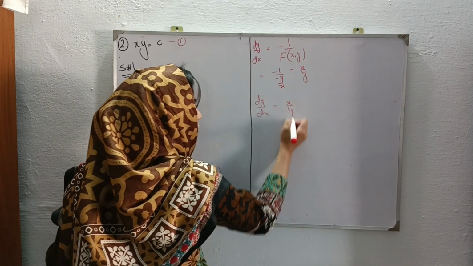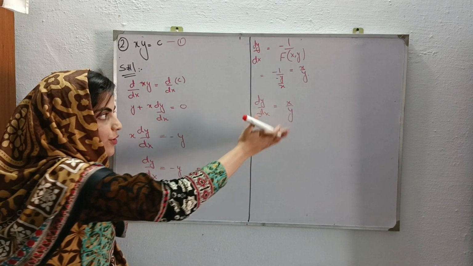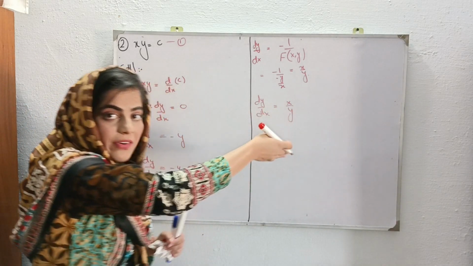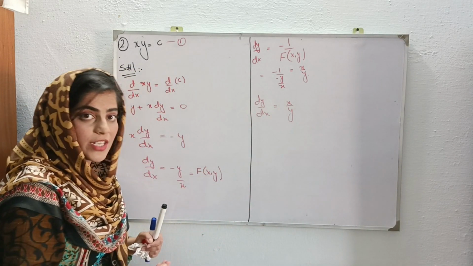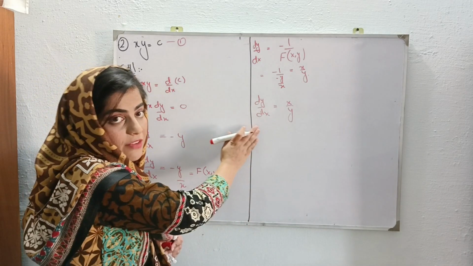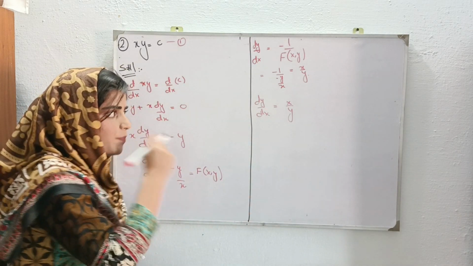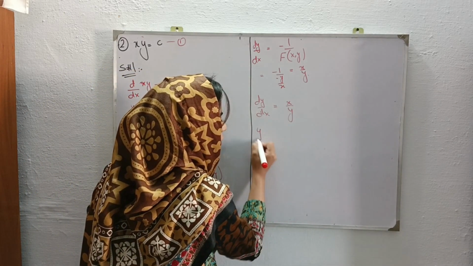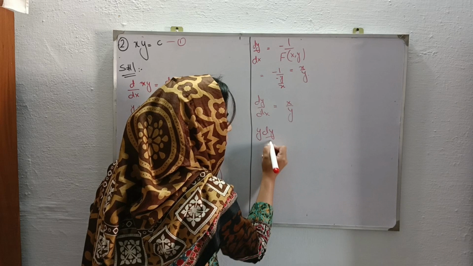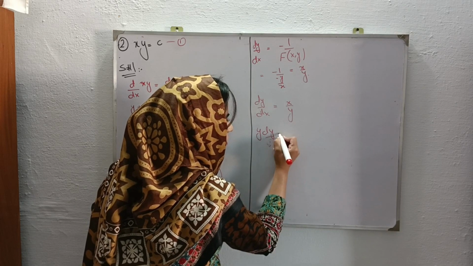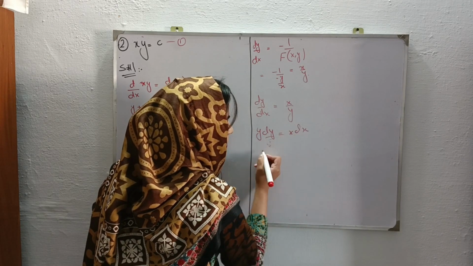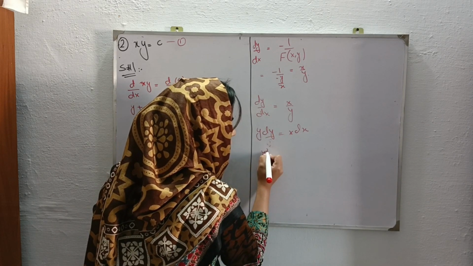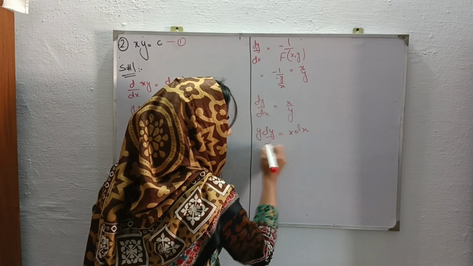Okay, again repeating, this is your final step and you have to identify which kind of equation is given to you, whether it is separable, whether it is homogeneous, which equation is this, right? You have to identify it on your own. Okay, so again here it is a separable differential equation, right? We will separate the variables and simply integrate it.